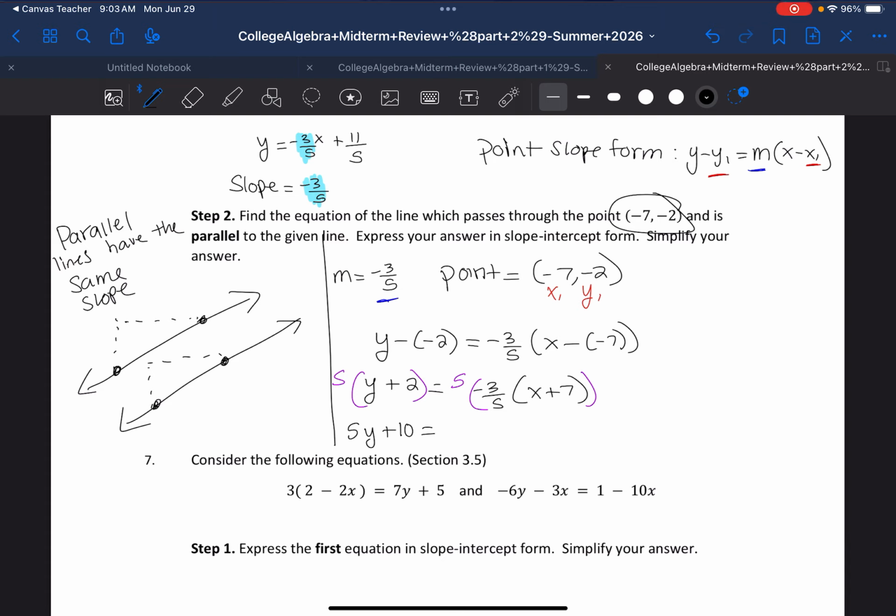And on the right side, I only need to multiply the 5 by this first fraction because these two are being multiplied. It's not a sum of terms right there, it's a product. So I only need to multiply that 5 by that fraction, which will cancel because 5 divided by 5 is 1, so that'll leave me with -3 times all of that.